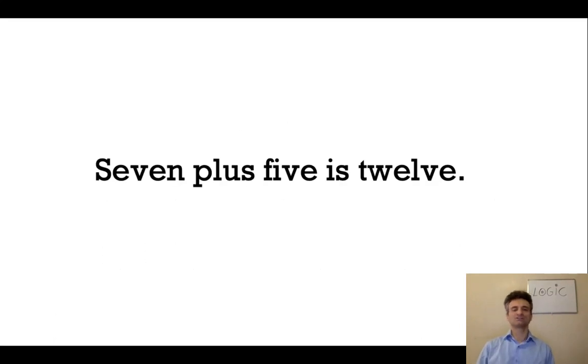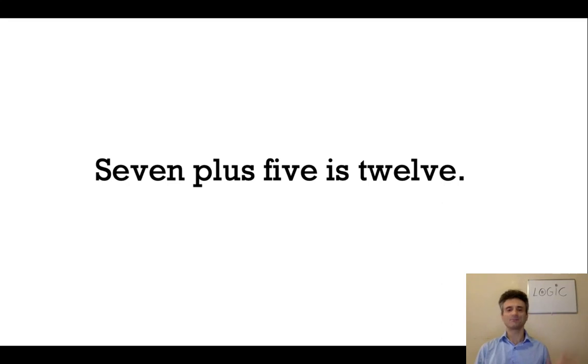What about this? This is a famous example. 7 plus 5 is 12. If you answer that this is a synthetic statement, you're right, because the definition of 7 plus 5 is not 12. Why?